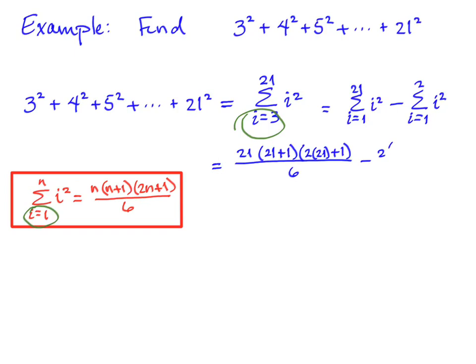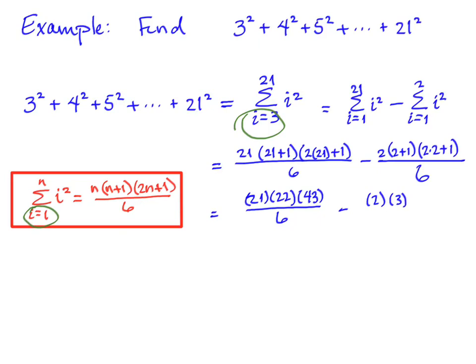And then we're going to subtract off the other sum, which is going to be 2 times 2 plus 1 times 2 times 2 plus 1 all over 6. So we're using that red formula twice. The first one is 21 times 22 times 43 over 6. The second one is 2 times 3 times 5 over 6.